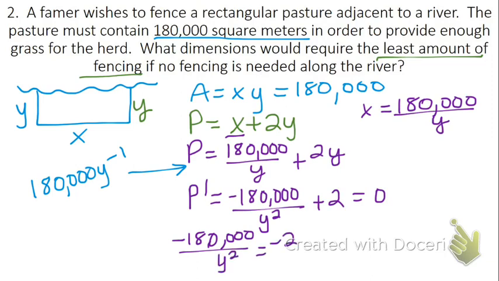And then when you get to something like this, I'm going to put it over 1, and then I'm going to cross multiply. So I get, I'll write it in a different color so it doesn't all go together. I'm going to bring it up here though. Negative 2y squared equals negative 180,000.